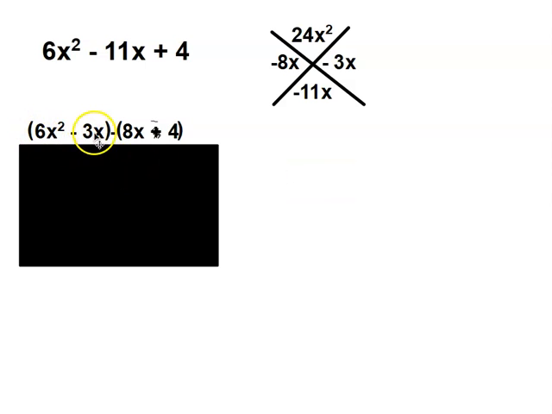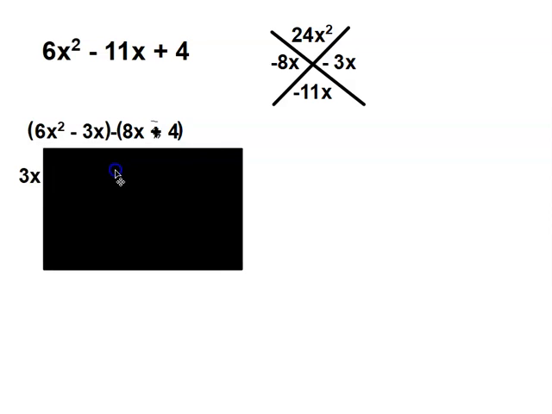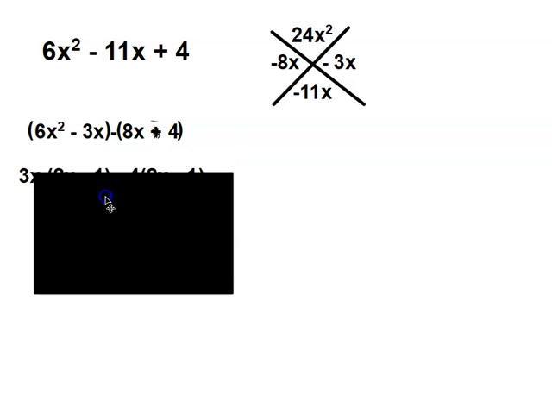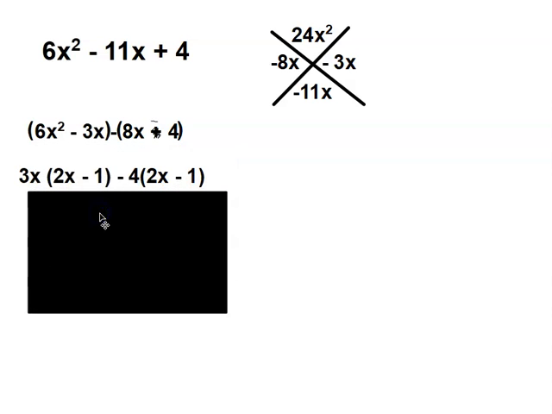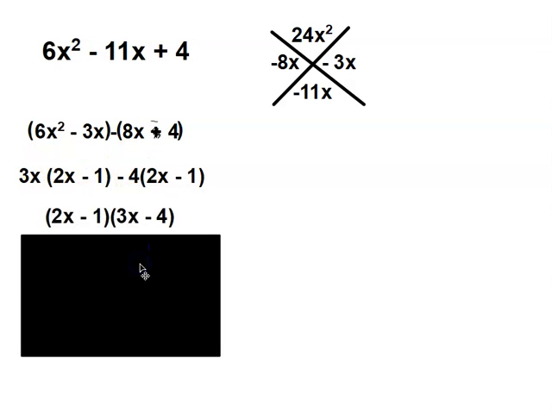So what's the GCF for 6x squared and 3x? 3x. What's left? 2x minus 1. What will come out of 8x and a 4? A 4. What's left? 2x minus 1. Now, 2x minus 1 is my common factor, so it will come down into a parentheses, and 3x minus 4 is what's left.